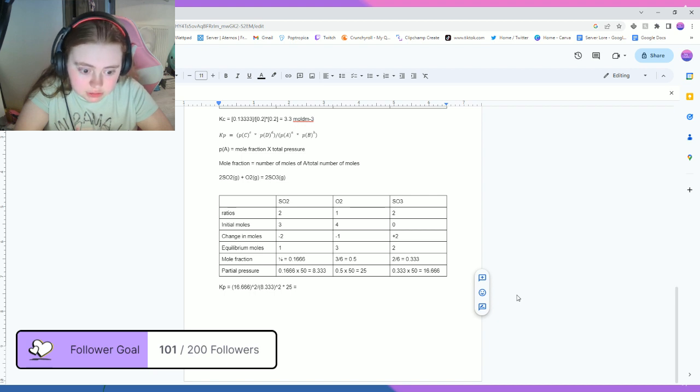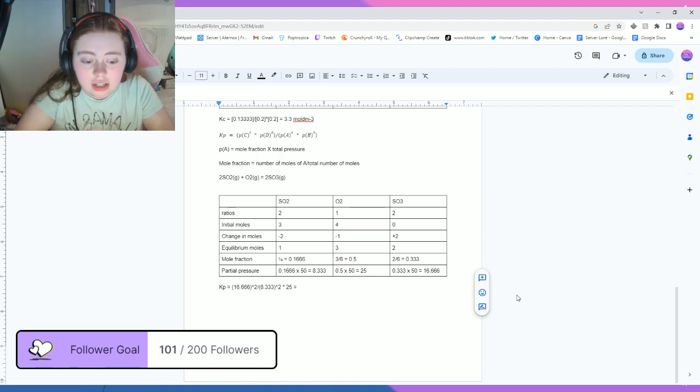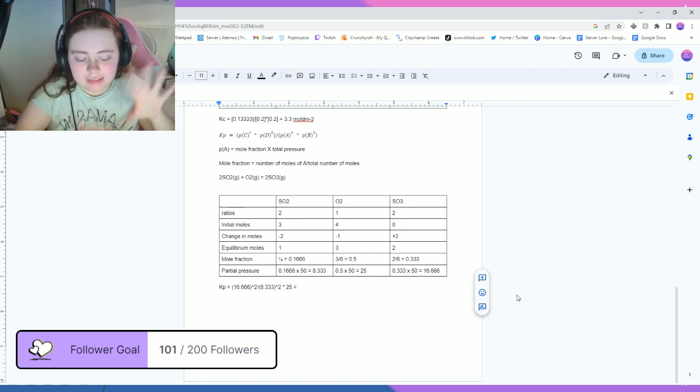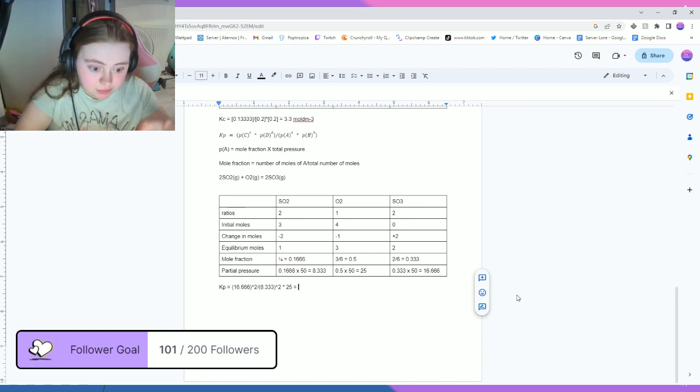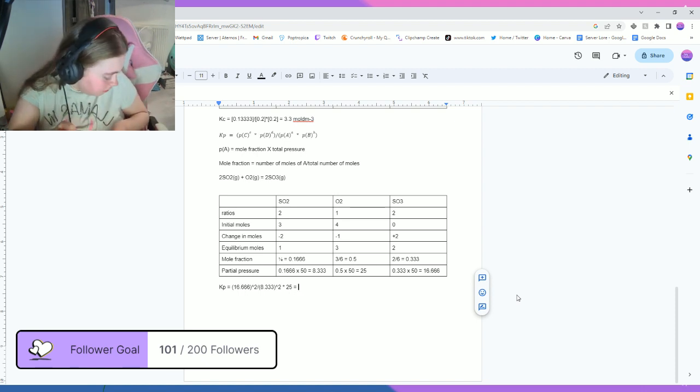I have to keep the recurring to get the most accurate answer, so I have to put in 2/6 times 50, so this may take a little bit. 2 should be squared, and then times 25, and that equals 4.